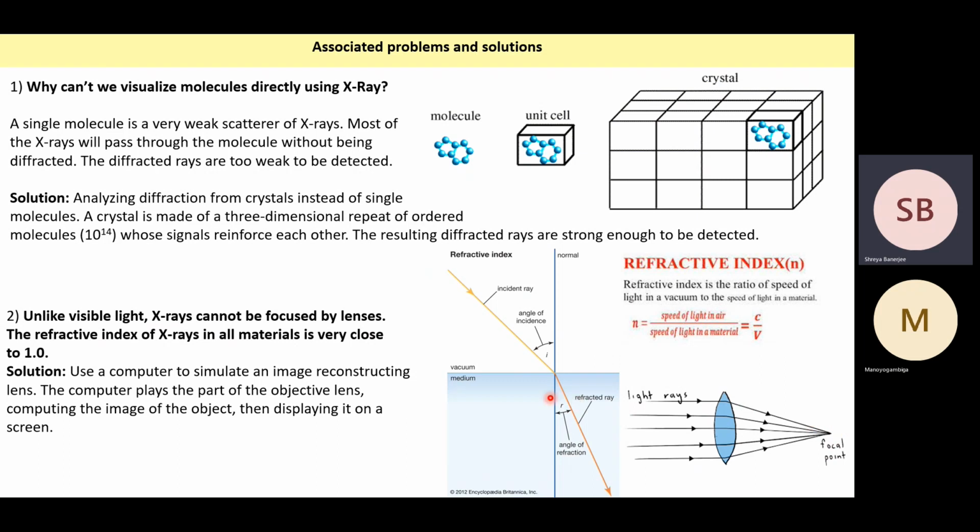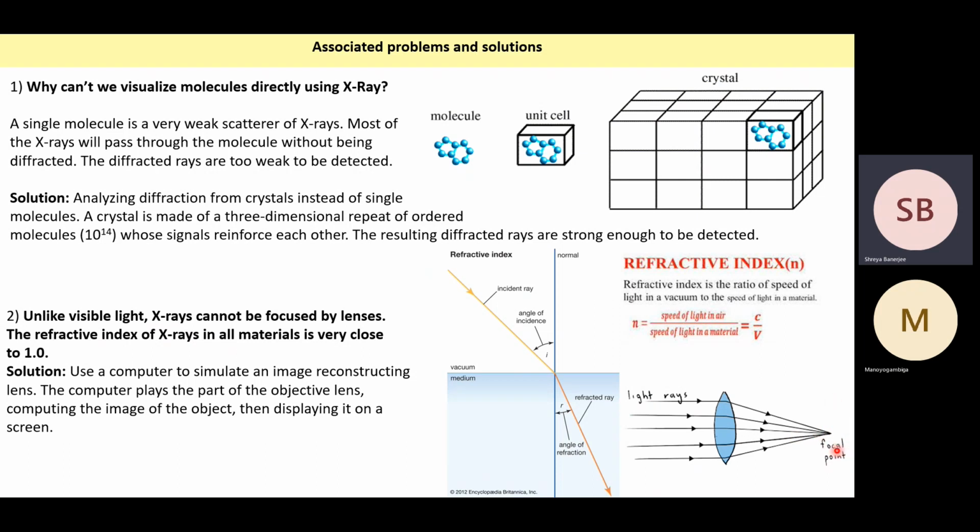Now, the problem with X-rays is that the refractive index of X-rays in all materials is very close to 1. What that means is the speed of the X-ray in air and in any material is almost the same. So the X-ray will not bend when it passes through the lens. So if the X-ray does not bend, it cannot be focused.